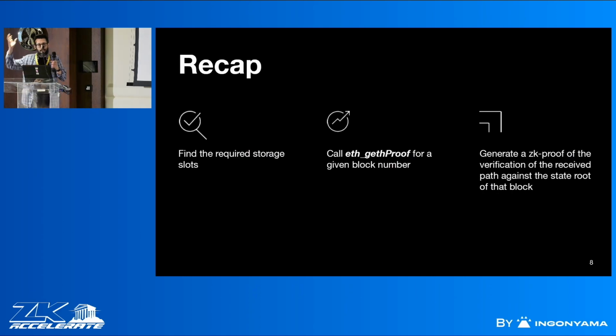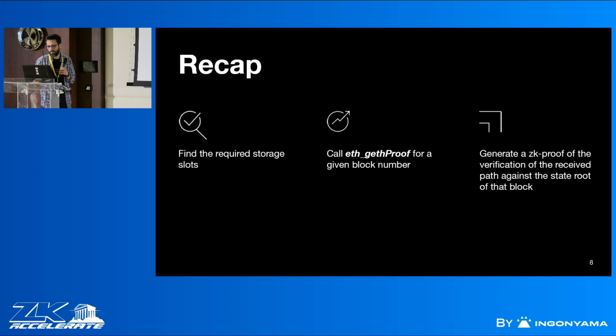Now, to give you a recap of this recipe, how you could basically unlock proof of storage, right? You first find all the required storage slots that you need, to get the data that you want to combine with your computation in your ZK coprocessor, again, to save some gas on Ethereum. Then, for each of those, you call the ETH get proof.